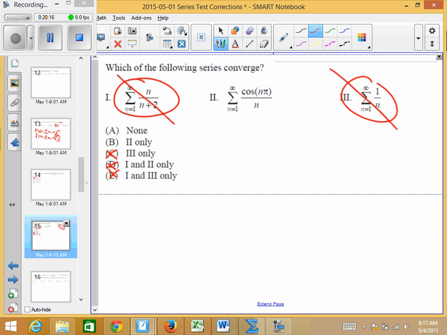Cosine of pi is -1. Cosine of 2 pi is 1. Cosine of 3 pi is -1. So this is an alternating series, and it goes to 0.